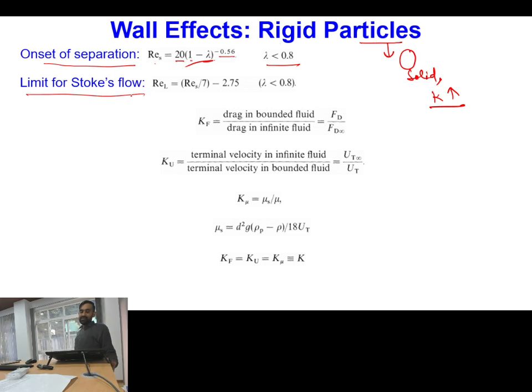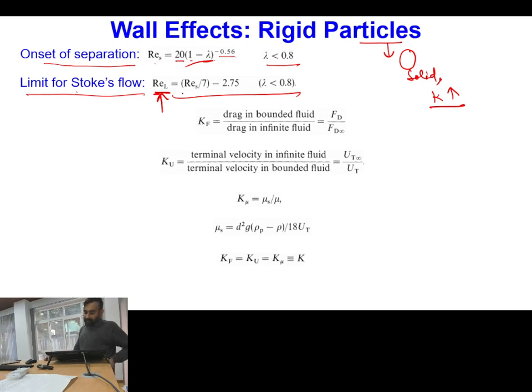Stokes flow is applicable when our Reynolds number is less than 1. In this case, when the wall is present, the limit of Stokes flow is also changing, and the limit of Reynolds number up to which the Stokes flow assumption can be applied is given over here. Is this point clear? Typically for Stokes flow we say that Reynolds number is less than 1, but here this limit will be modified.